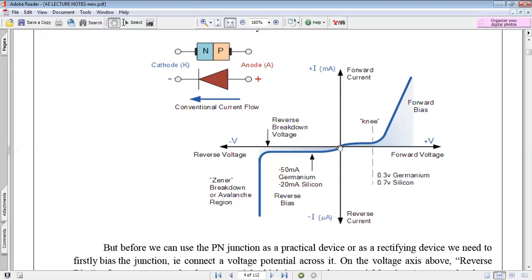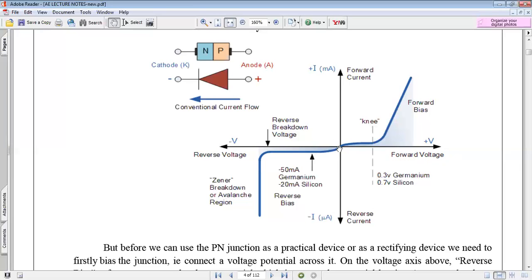Now, when we come to the reverse bias characteristic, when negative voltage is applied to the PN junction, we know that the depletion width was already formed, which used to oppose the charges crossing across the junction. Now, with the application of reverse bias, the negative voltage, this depletion region increases further.